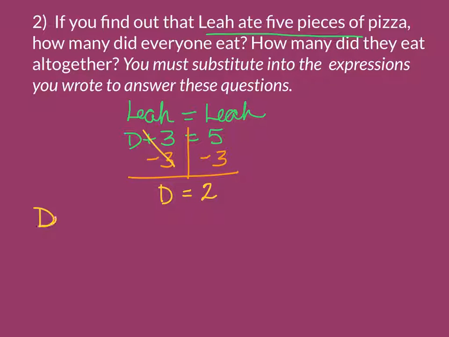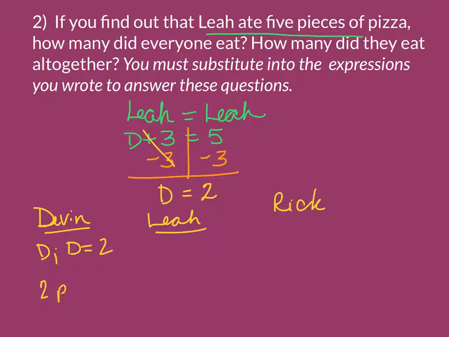So I've got Devin, Leah, and Rick. Devin ate D. I know that D is equal to 2, so Devin ate 2 pieces of pizza. Leah ate D plus 3. D is still equal to 2. Substitute in, 2 plus 3 is 5 pieces.